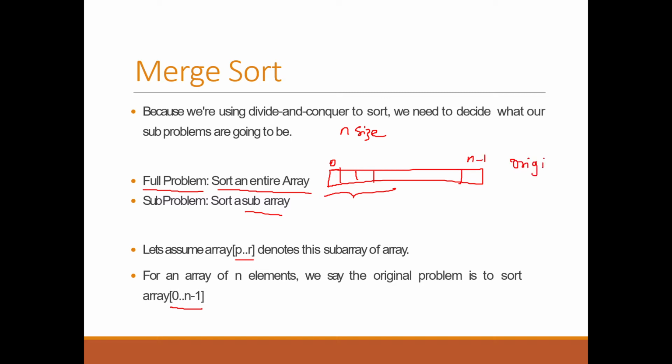This is the original array. And then we will be dividing this entire array into smaller sub-arrays, and let us call the sub-arrays denoted by indexes P and R. Okay, and using these notations we will be discussing the MergeSort technique.